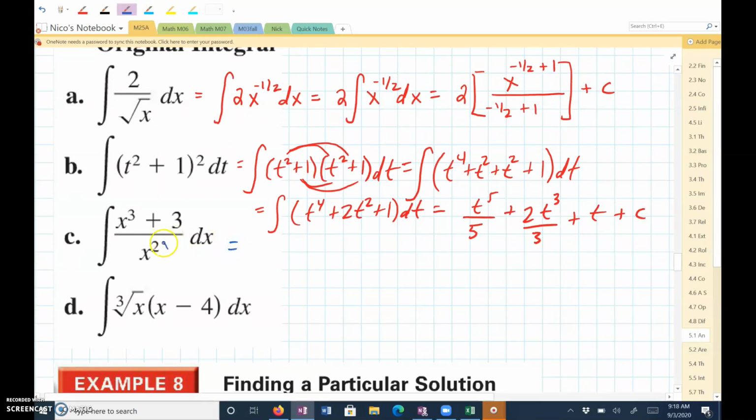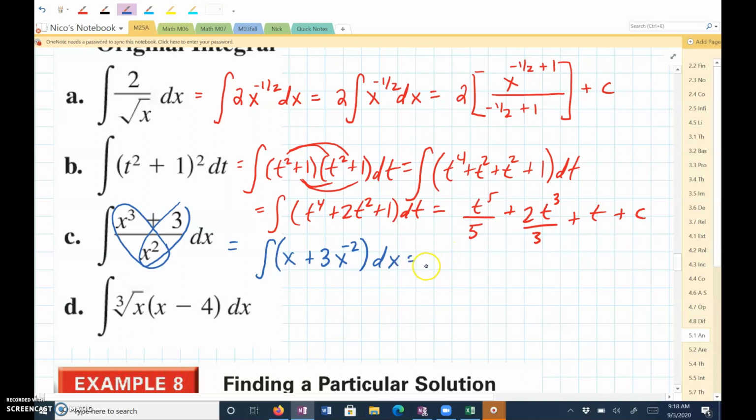Let's try c. So first thing I would do here, I'm going to divide, simplify these. So this would be x plus 3x to the negative 2nd dx.